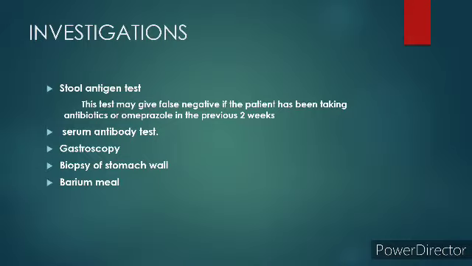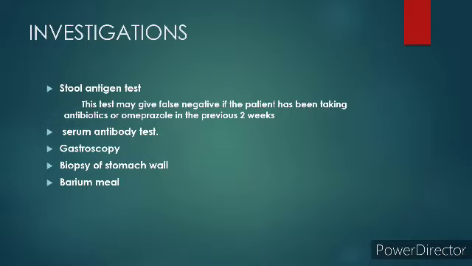This often takes less time, like 15 minutes, and in this procedure, a thin flexible tube called the endoscope is used to look inside the gullet. Gullet means the esophagus, the stomach, and the duodenum. At the end, it has a light and camera.